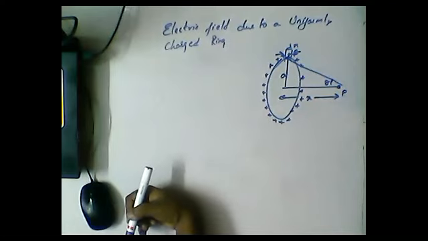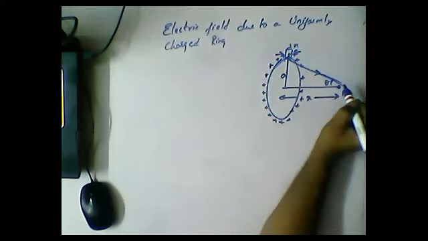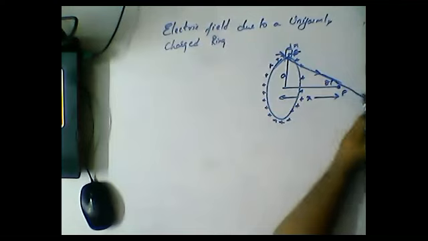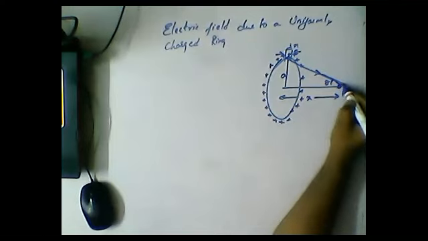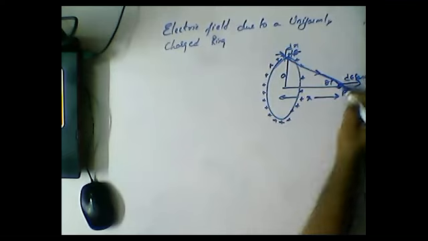Due to this, the electric field is a vector in this direction, dE, and if you clearly observe, this can be resolved into two components. Here this is dE cos theta and here it is dE sin theta.